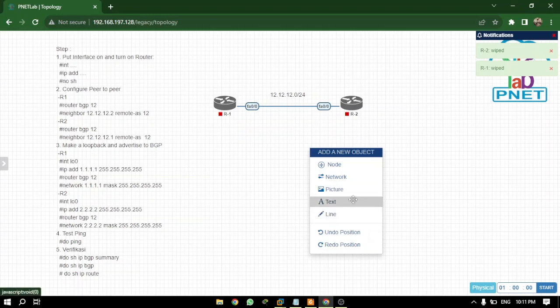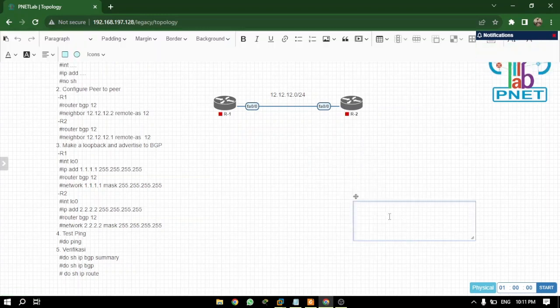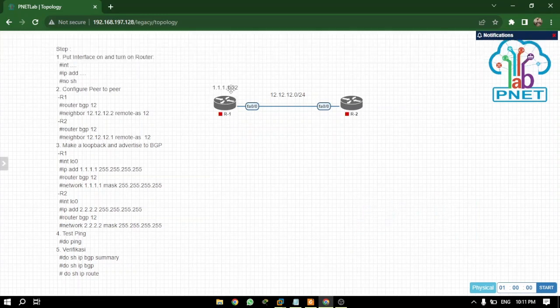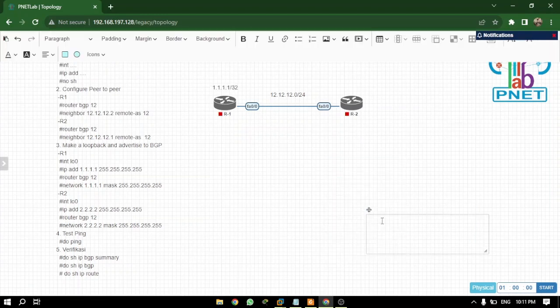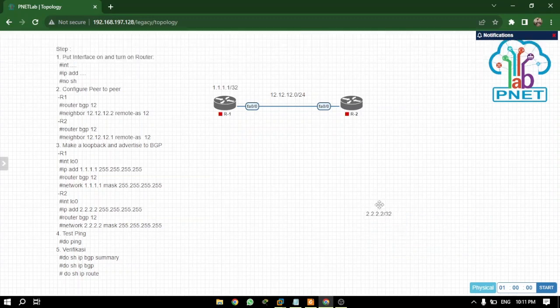So I will make the IP addresses first here. For the loopback on router 1, I will put 1.1.1.1/32, and the second one is 2.2.2.2/32 for the loopback IP of the second router.